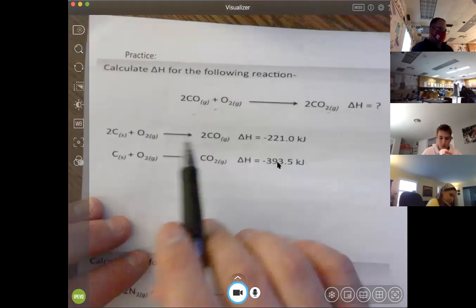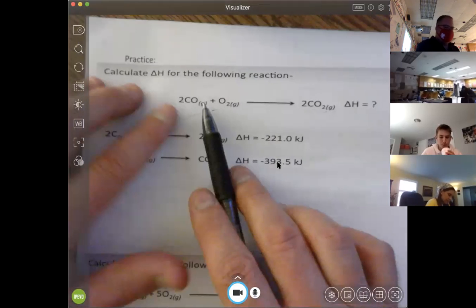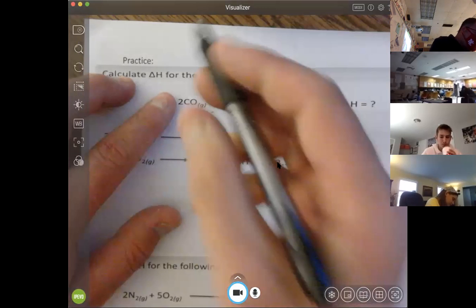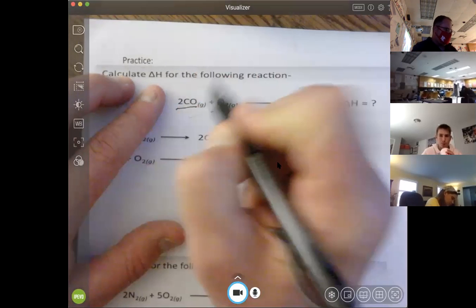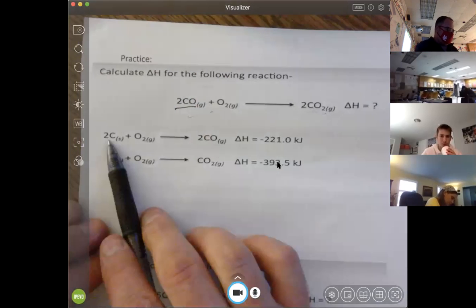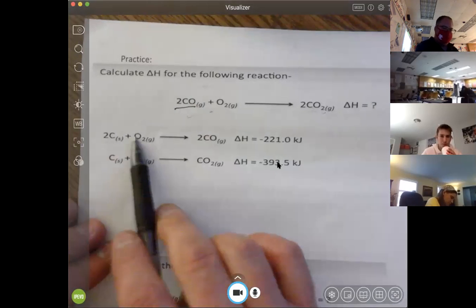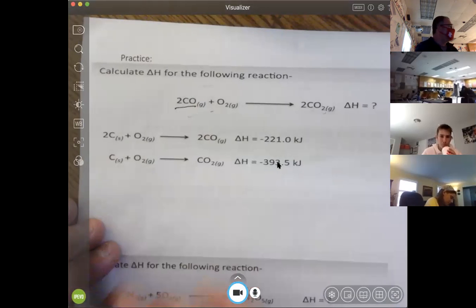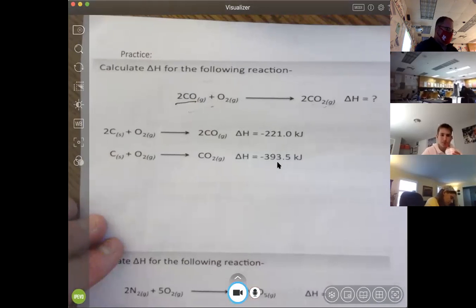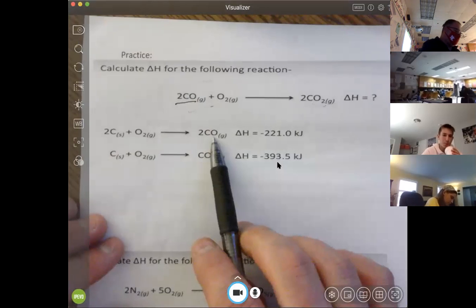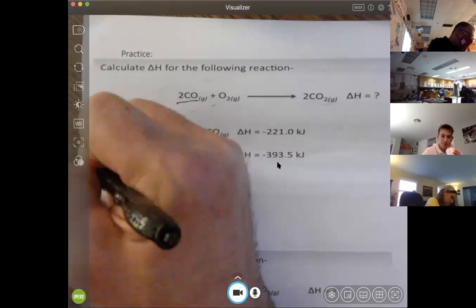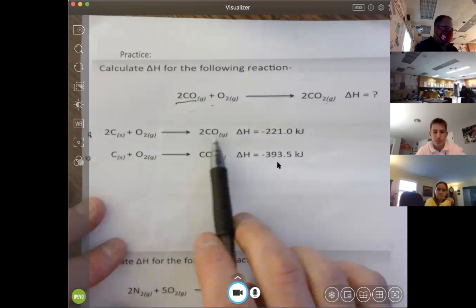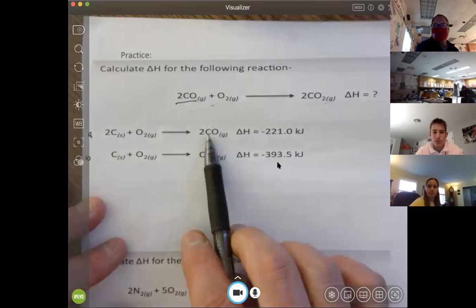So we need to have CO on the reactant side, and in reality, we need to have 2 CO on the reactant side. Do either of these reactions have 2 CO on the reactant side? No. The top reaction, we'll call reaction A, and this one reaction B. Reaction A has 2 CO on the product side.